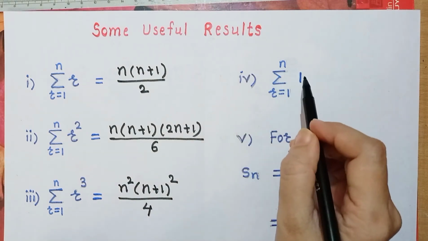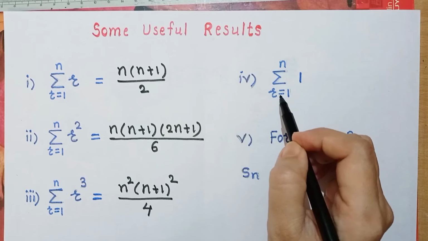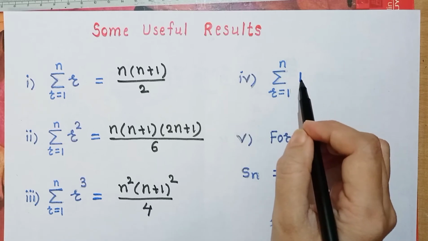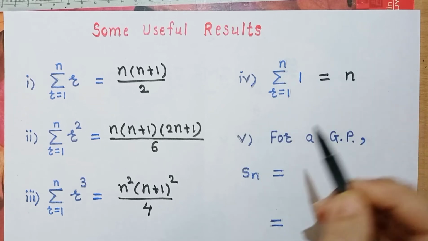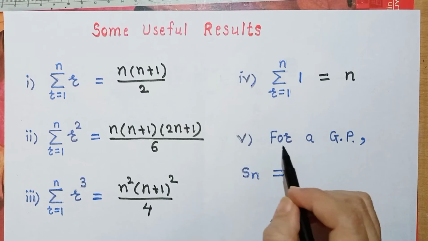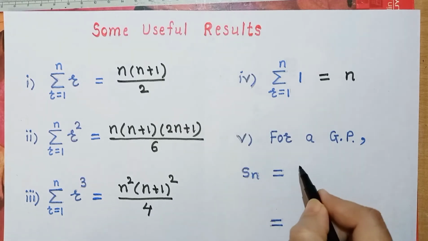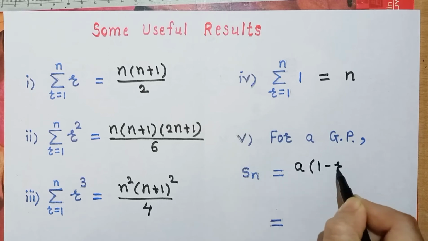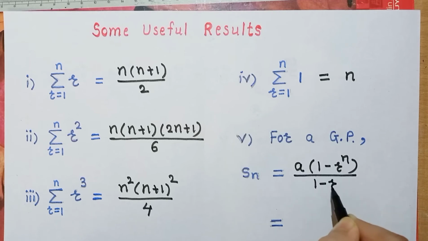Then summation of 1, r running from 1 to n. That means if r is equal to 1 then also 1, for r equal to 2 then also 1, like this n times its addition is n. And the last formula is for a geometric progression: Sn is equal to the first term, then 1 minus r raised to n upon 1 minus r.